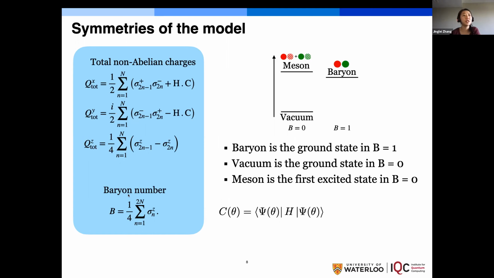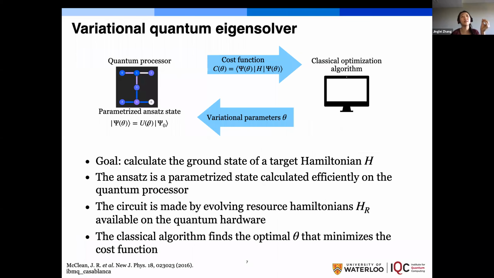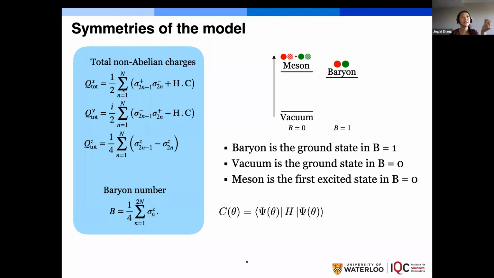And then there is this symmetry that we call the baryon number, which essentially measures the imbalance between matter and antimatter in my state. And it's actually just proportional to the total magnetization of the state. So if I can design my variational state, this circuit U, such that all my ansatz states respect this symmetry, then I will be able to do a much more efficient search, right? And this is exactly what we do.